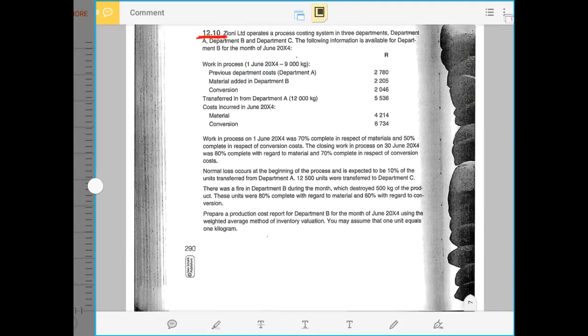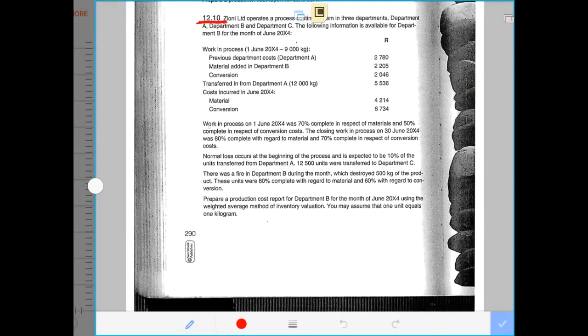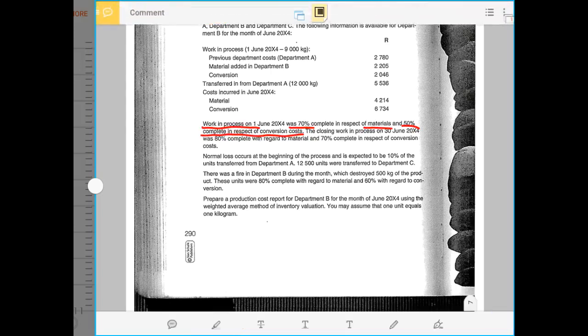Then we continue on that same note. It says work in process on the 1st of June 2004 was 70% complete in respect of material and 50% complete in respect of conversion costs. So now they gave us the percentage completion of the opening work in process.